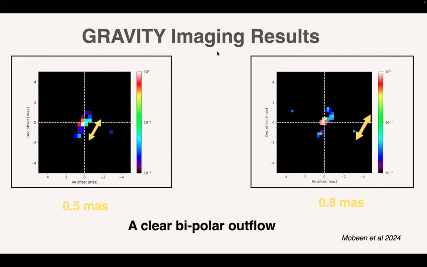So what we see using the GRAVITY data constructing the image is this elongated bipolar structure. I should mention that this whole structure spans about 3 milliarcseconds. An arcsecond is 1/3600th of a degree, and a milliarcsecond is a thousandth of that.